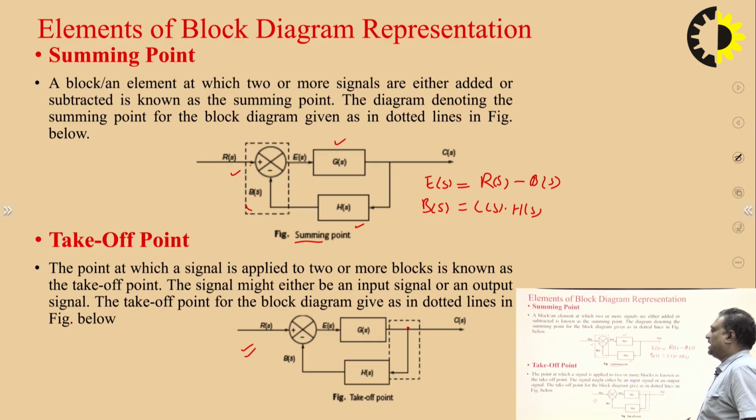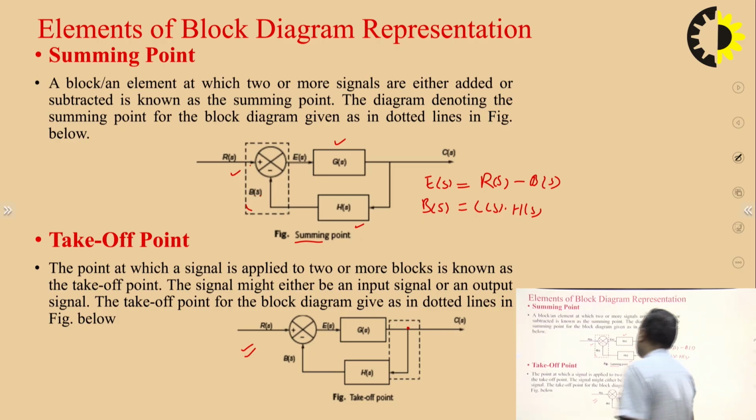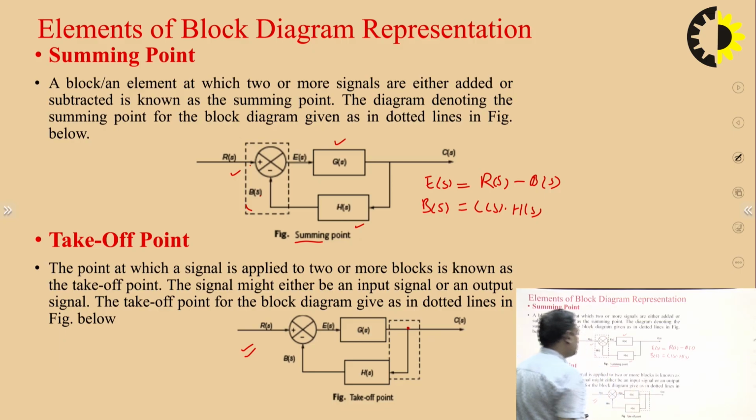The point at which a signal is applied to two or more blocks is known as the takeoff point. The signal might either be an input signal or an output signal. This takeoff point is shown here by the dotted lines.